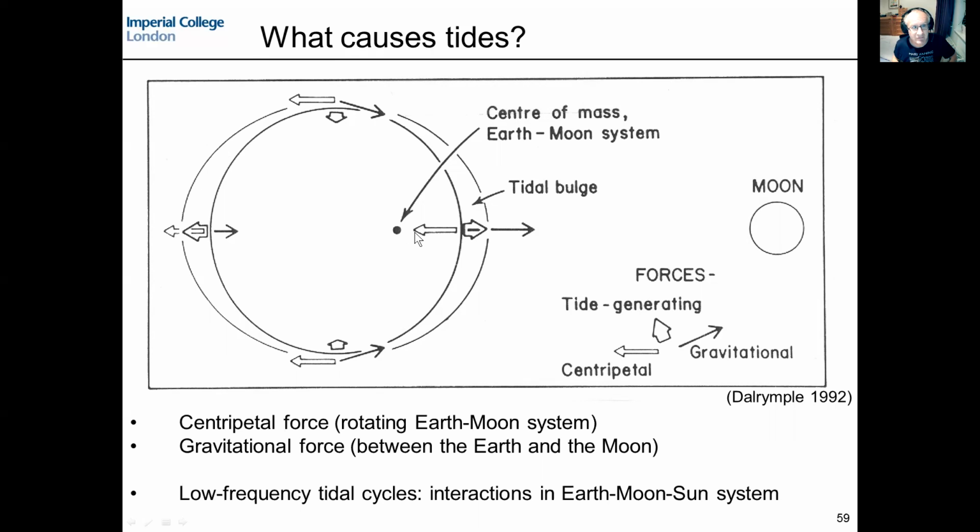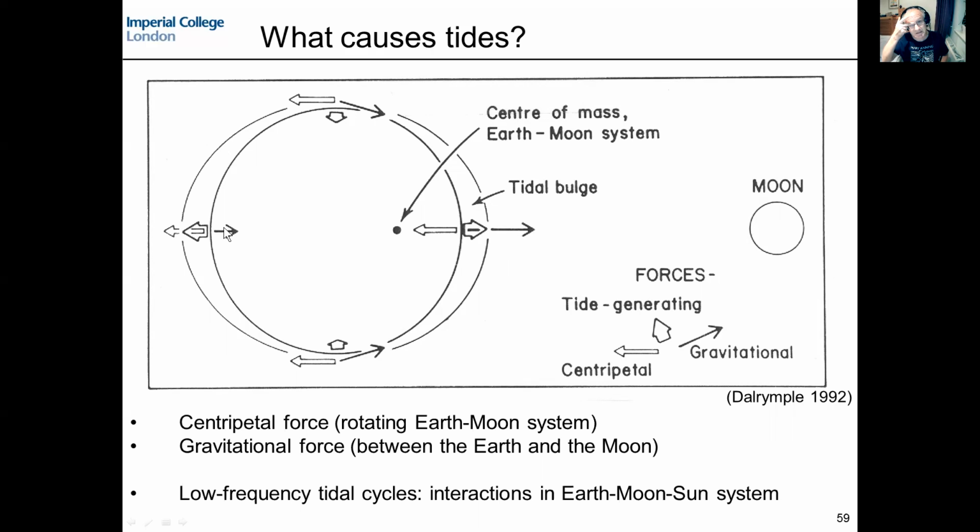One is gravity, and gravity is basically these thin arrows in here. Gravity pulls water on the Earth's surface towards the Moon, and the gravitational effect is greatest on the side of the Earth which is closest to the Moon. So there we have a larger, longer, thin black arrow than on the far side.